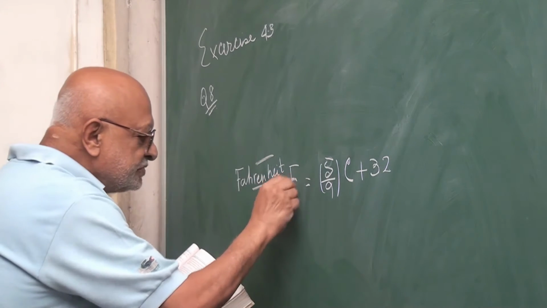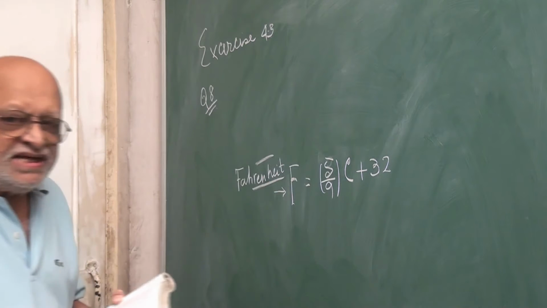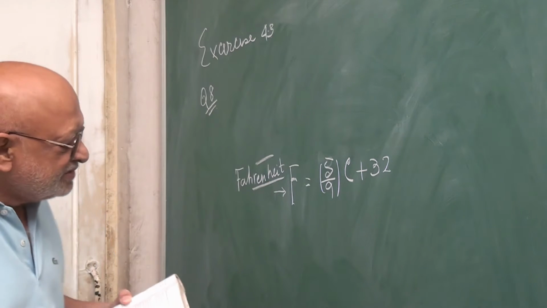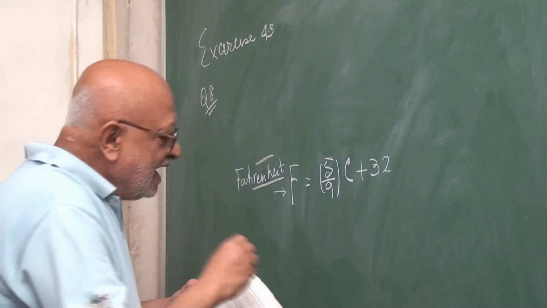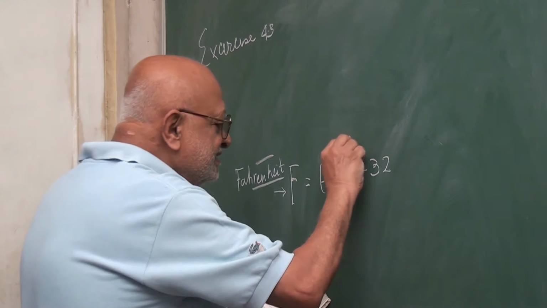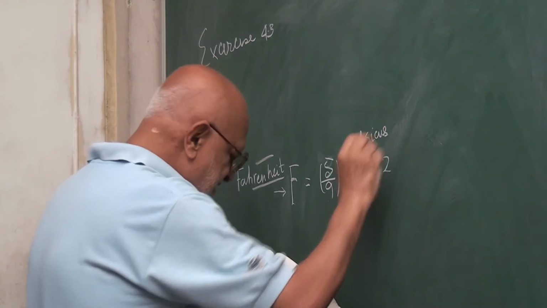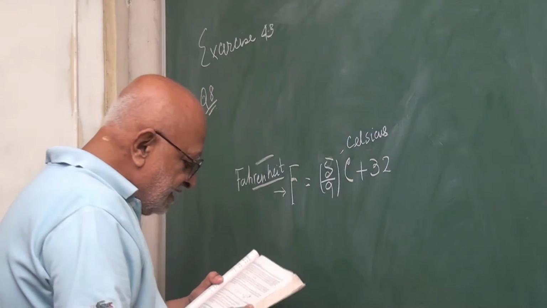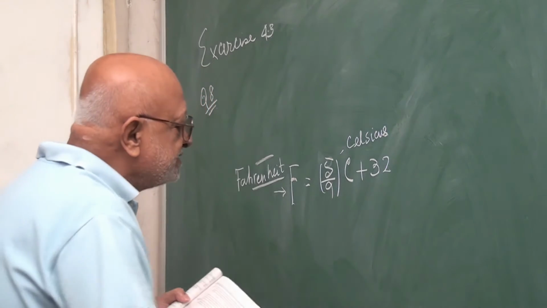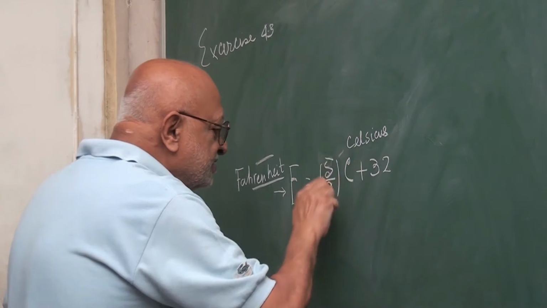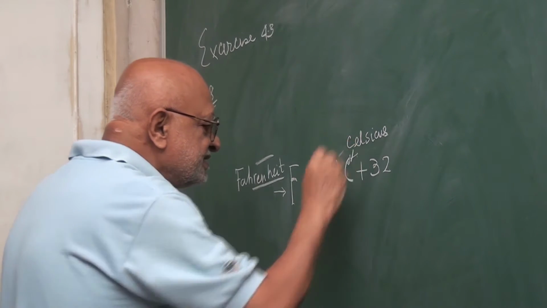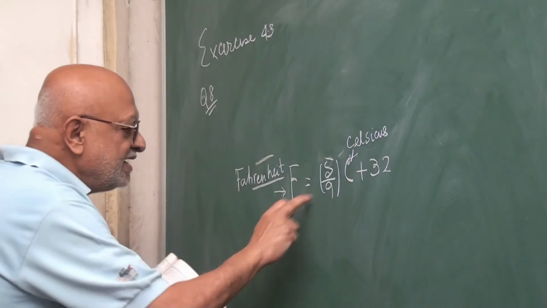There are two scales used for measuring temperature, and the other one is Celsius. So this is C, not multiplication. This is Celsius. So they are related.